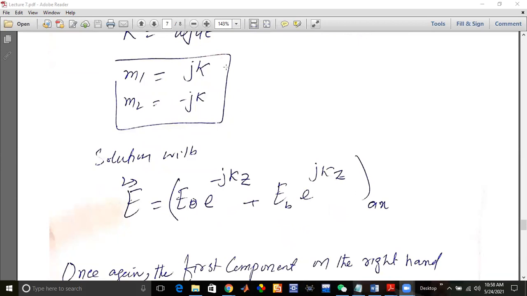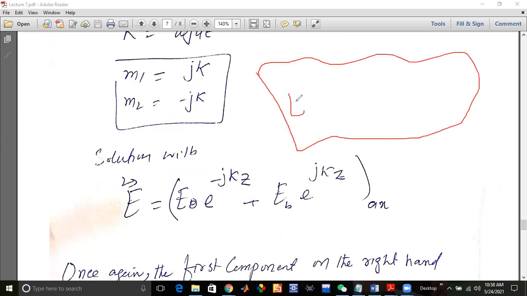m1z. If we write the standard form, so the standard form is here, that E will be equal to E1 e power minus m1z plus E2 e power minus m2z.